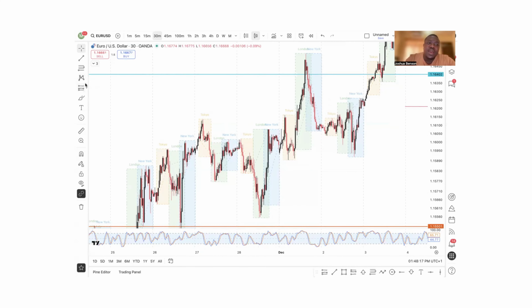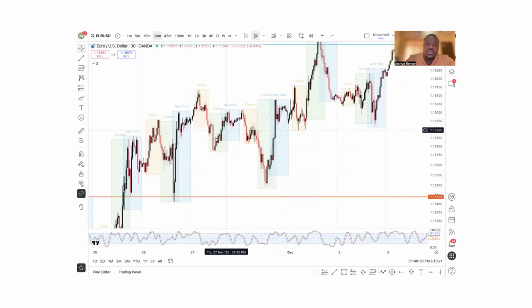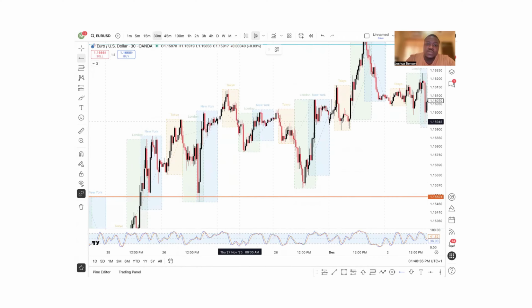Then I'm going to set my stop loss above the peak of the candle that formed. So first, I want to look at this candle right here. For instance, I want to take this candle right here.